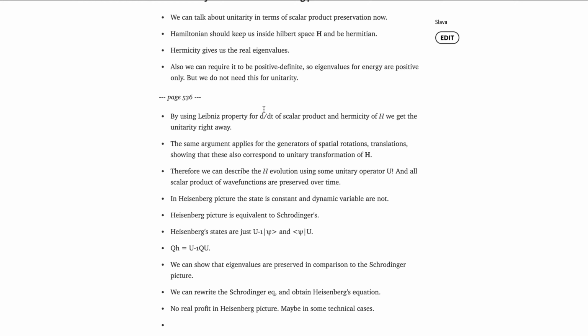An operator in the Heisenberg picture is time dependent, and so that operator is the way in which you're doing the measurement. So the way in which you do the measurement depends on time in the Heisenberg picture, which is an interesting way to think about it.